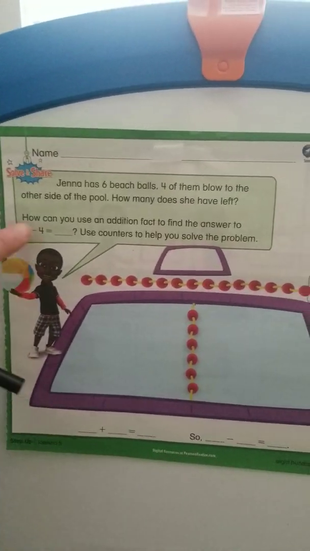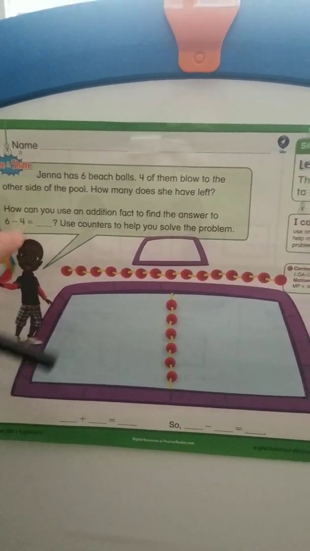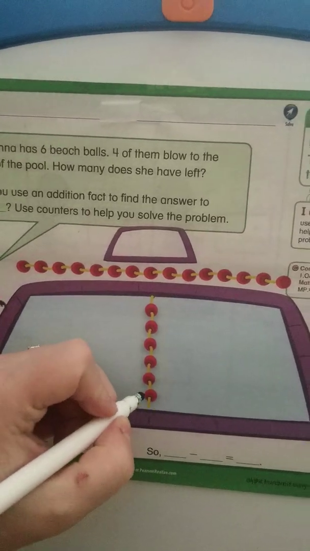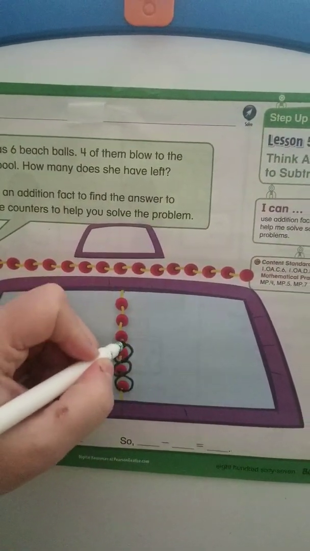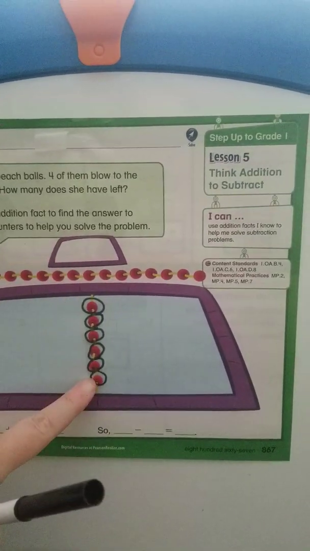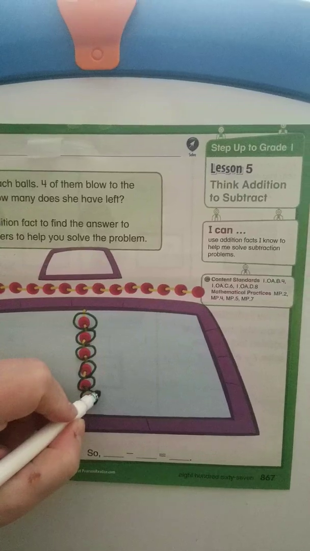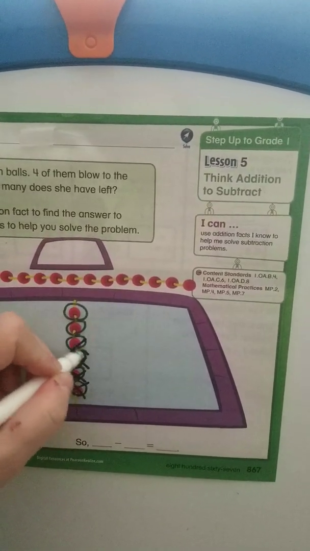Well, we know that there was 6 altogether, and 4 blew to the other side of the pool. So let's see here. 1, 2, 3, 4, 5, 6. There are 6 counters here. 4 blow to the other side of the pool. 1, 2, 3, 4.